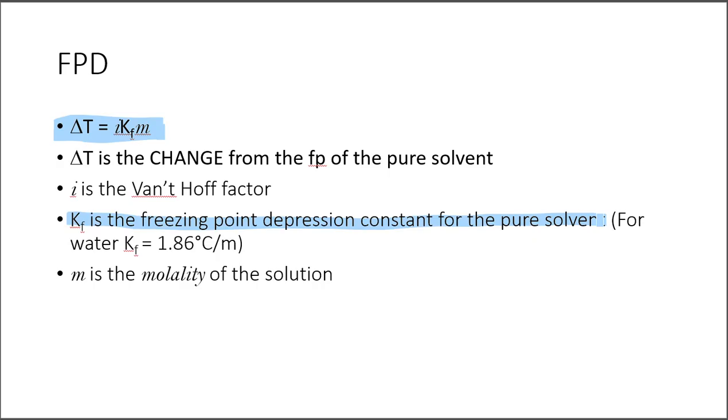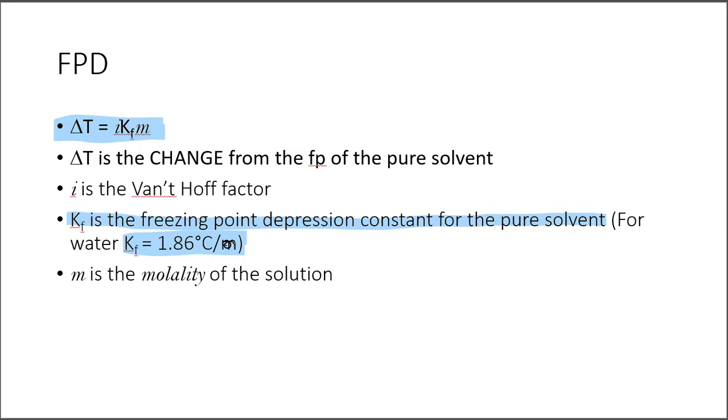We're going to be dealing with water for the most part, but I'm probably going to throw it at you that it's not just water, depending on my mood and what lab I do with y'all. I'm still thinking. But anyways, the freezing point depression constant is solvent dependent. It changes based on what solvent you have. The freezing point depression constant for water is 1.86 degrees Celsius per molal.